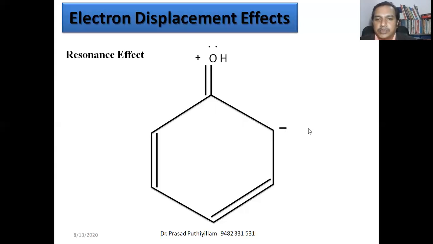Now this negative charge means there are excess electrons. Those excess electrons can form a double bond with the next carbon atom.